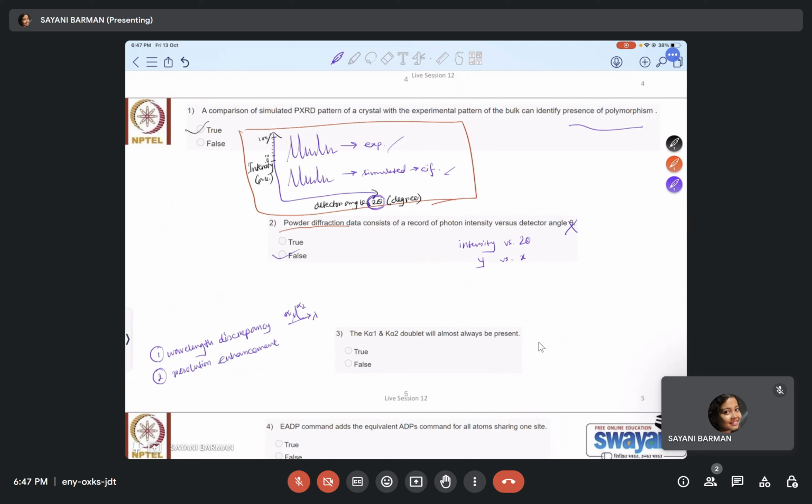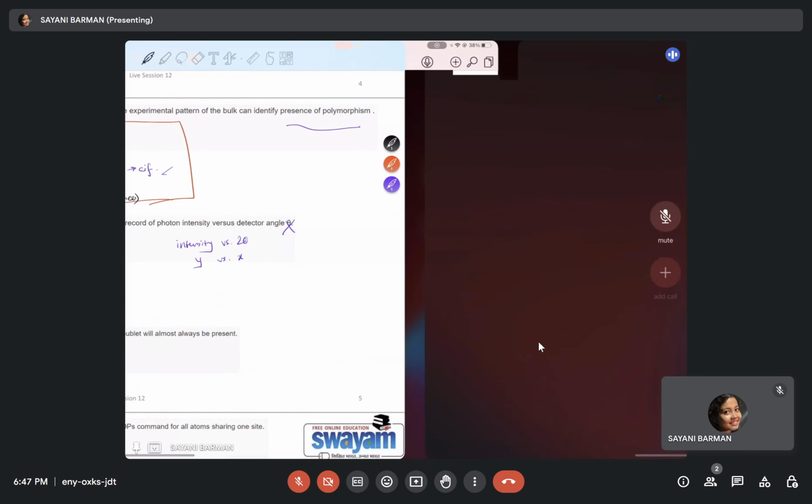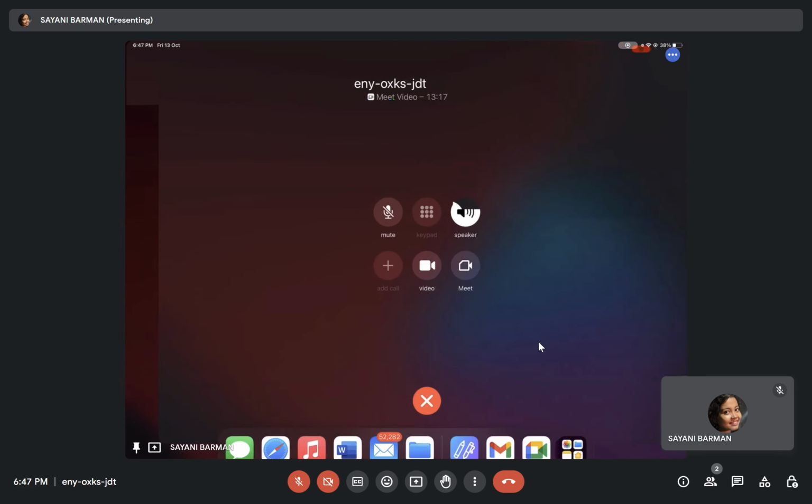And the next one is correction of absorption effects.